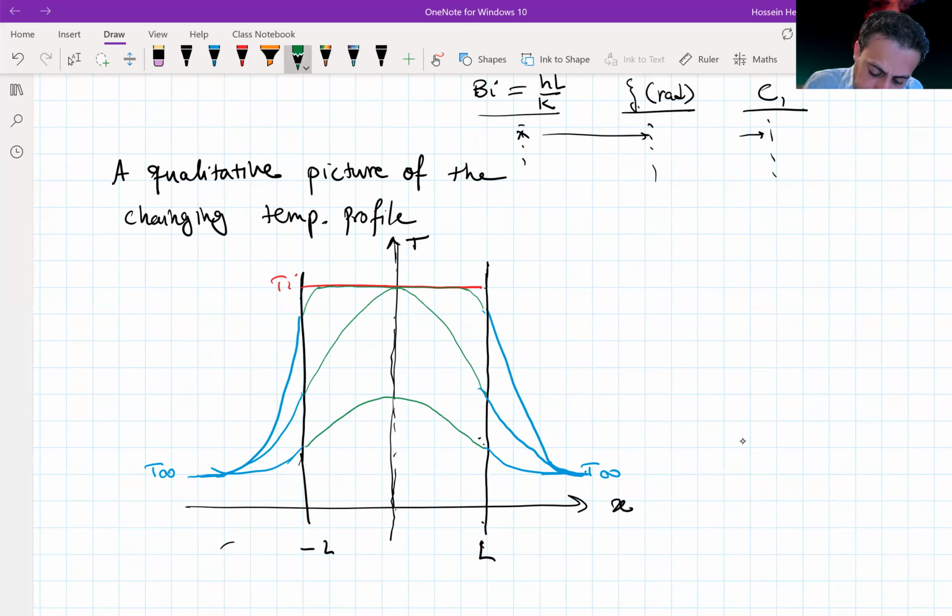And eventually, if the time goes to infinity, then we are going to reach exactly T infinity.